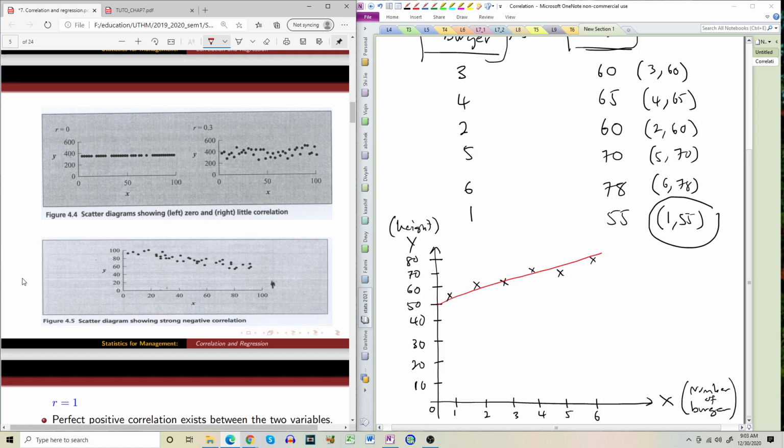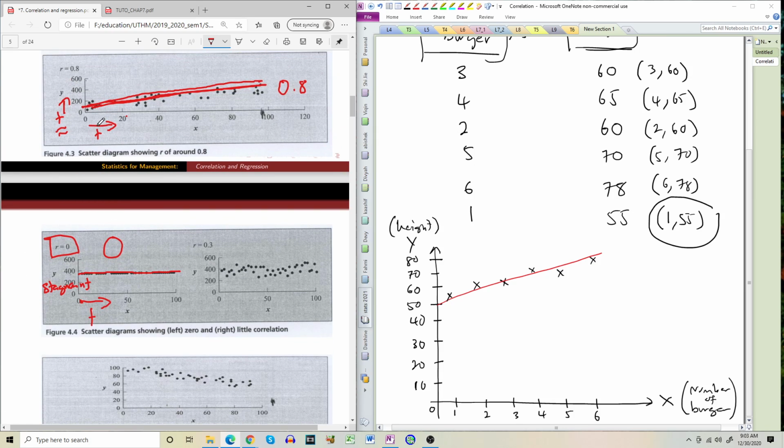Third one, you can see as x increases, y is stagnant, not increasing, not decreasing. That's why the line is like this. So if x increases, y doesn't move anywhere, R is 0, no relationship, nothing.